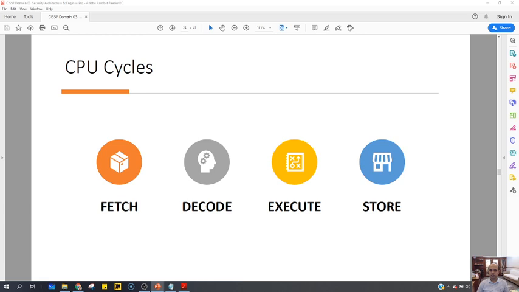Decode means to decipher the instruction and send it to the ALU, arithmetic logical unit, for execution. And the third stage is execute, where the ALU performs logical operations on the data. And finally store. So these are the 4 CPU cycles. In store, the result of the logical operation is stored in a register.